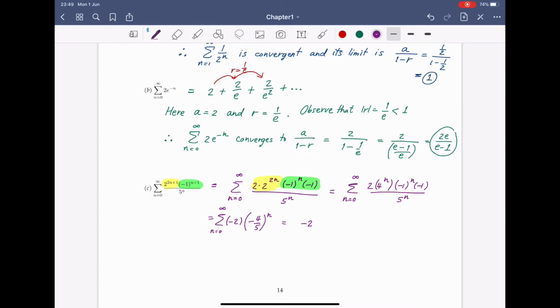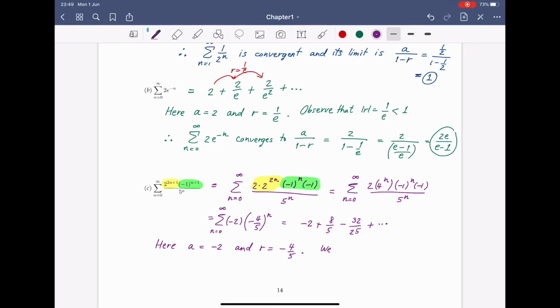The second term, I plug in n equal to 1, so I get 8 over 5. The next term, I plug in n equal to 2, so I have minus 32 over 25, plus dot dot dot. So here you can see that your first term a is negative 2, and your common ratio r is going to be negative 4 over 5.